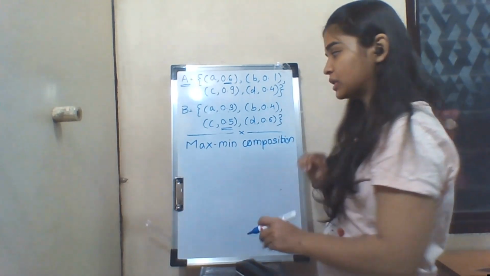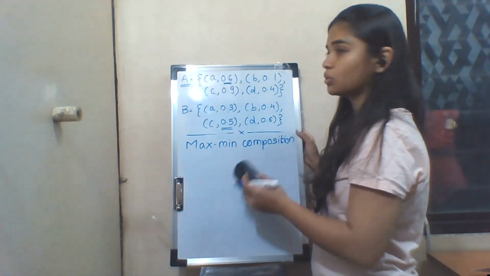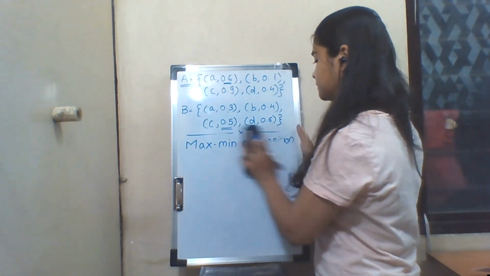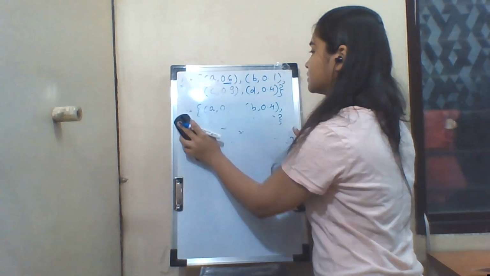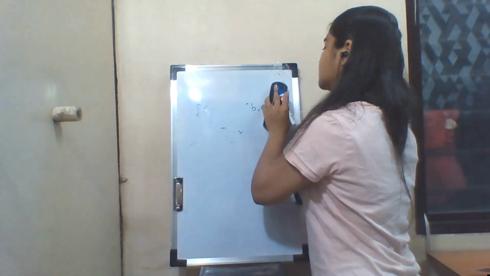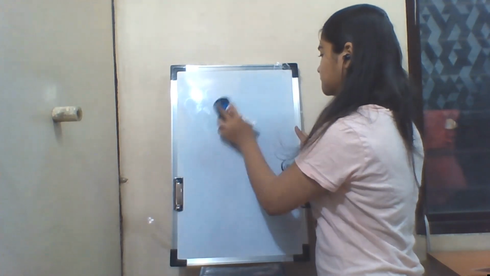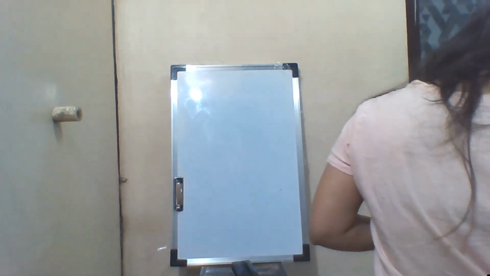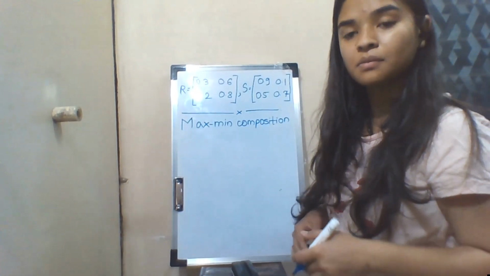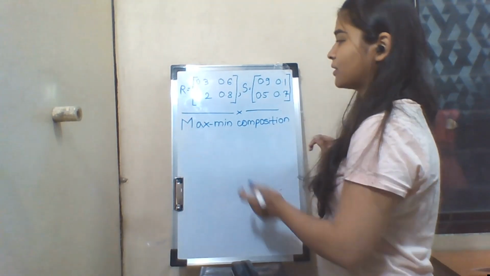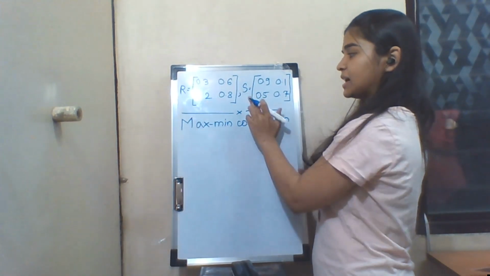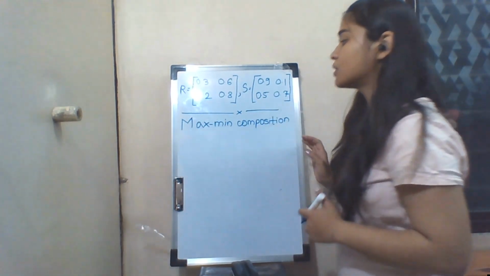We need two fuzzy Cartesian products or two different fuzzy relations. Let's take two values. Okay, so now we are back. We have two fuzzy relations R and S as follows.